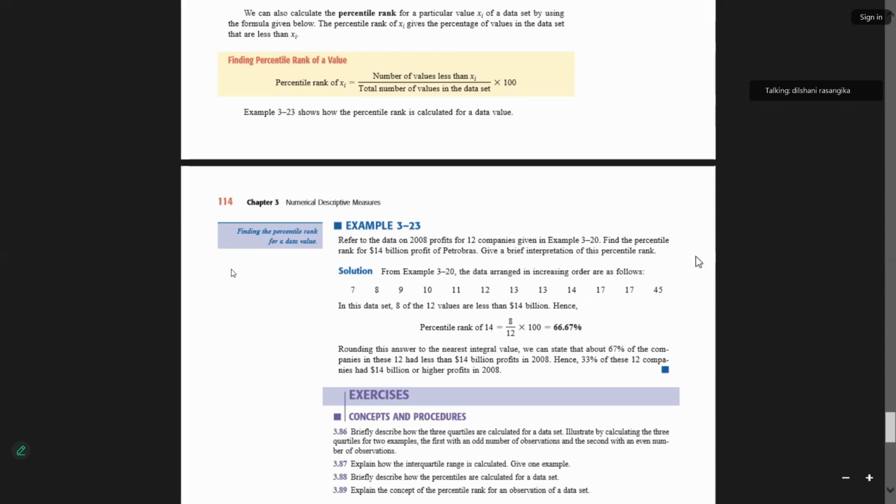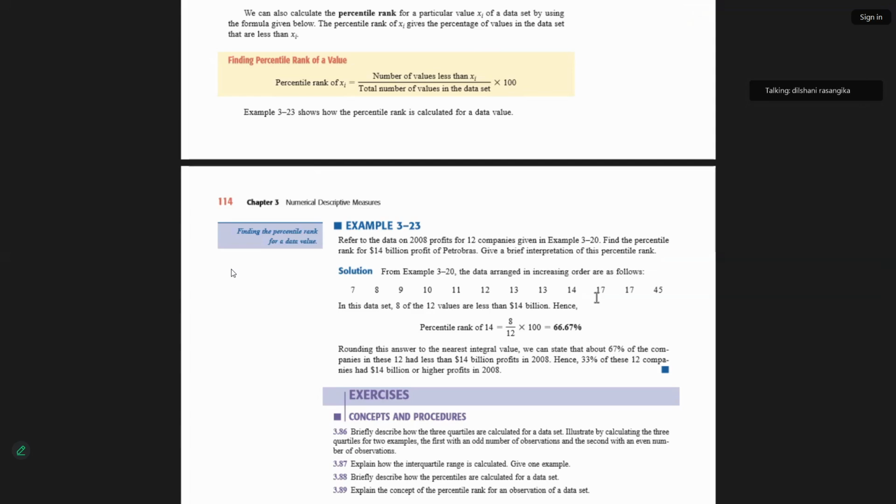So what will be the interpretation? Giving the interpretation means that when you find some answer, you describe that answer. Here it mentions rounding this answer to the nearest integral value. So we can state that about 67% of the companies in these 12 had less than $14 billion profit in 2008.